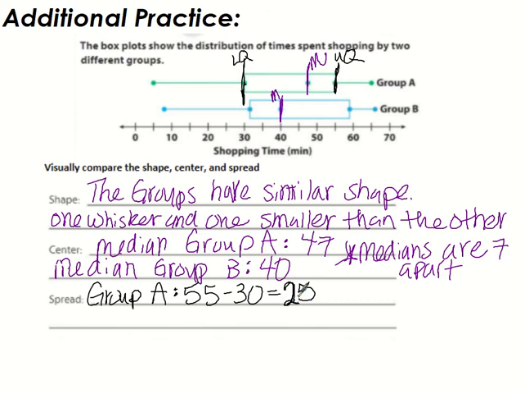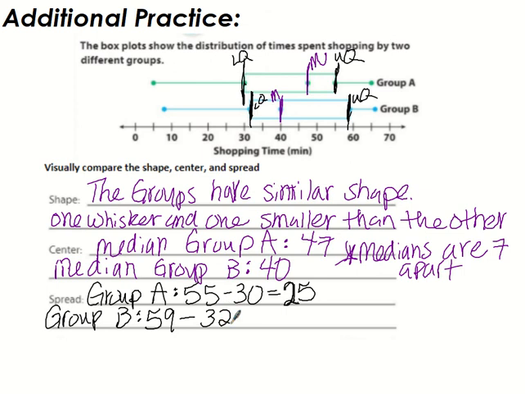All right, and then let's do group B. So here's the lower quartile, upper quartile. We kind of have to estimate this one and this one. So we'll just do our best on estimating. Maybe we'll say the upper quartile is like at 59, and the lower quartile is maybe at, I don't know, 32.